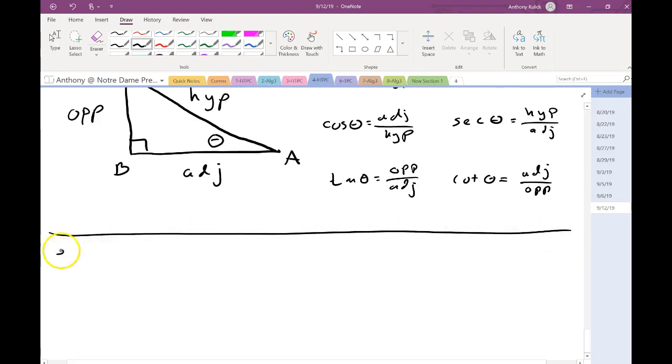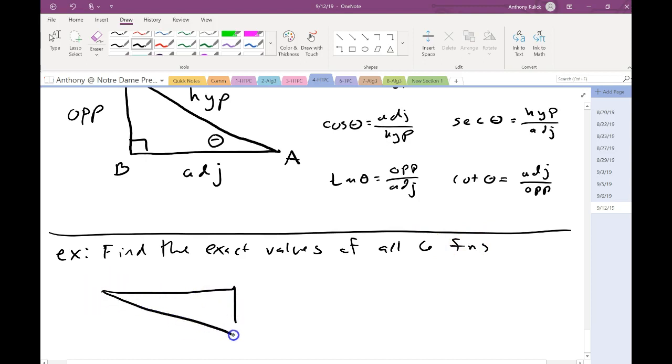Let's do some examples to remind us of the kinds of problems we can do with this. So let's find the value of all 6 of our trig functions for this angle theta here.